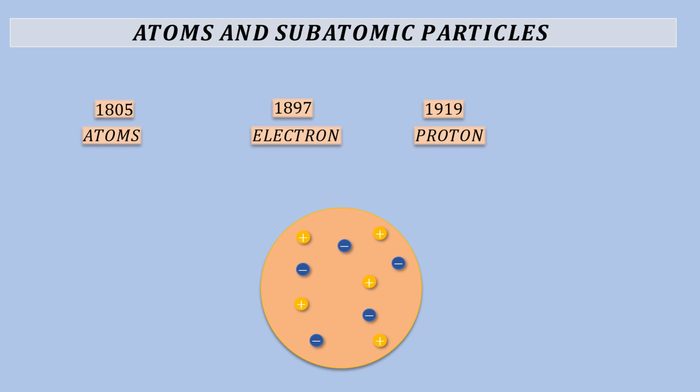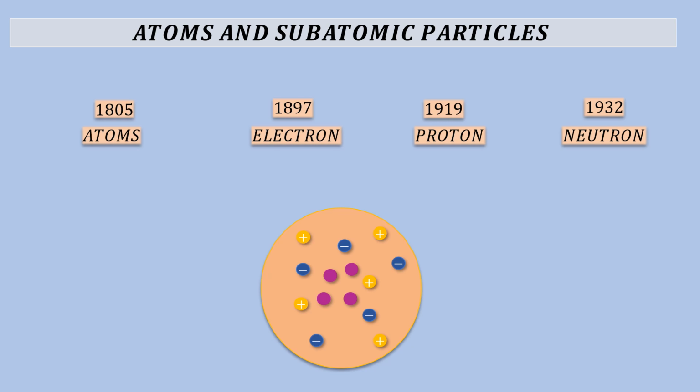These protons were found to be positively charged as opposed to the electron. And finally, the discovery of these subatomic particles was completed in the year 1932 when another subatomic particle called the neutron was discovered by James Chadwick.